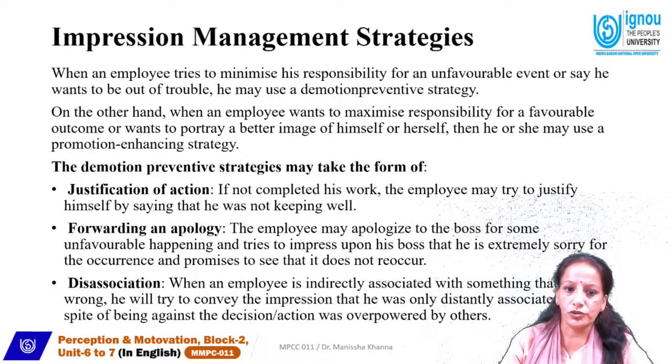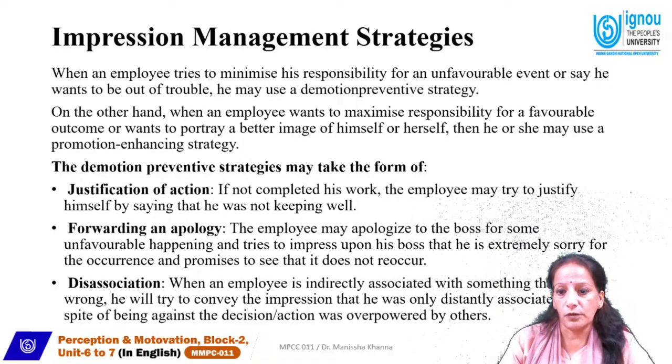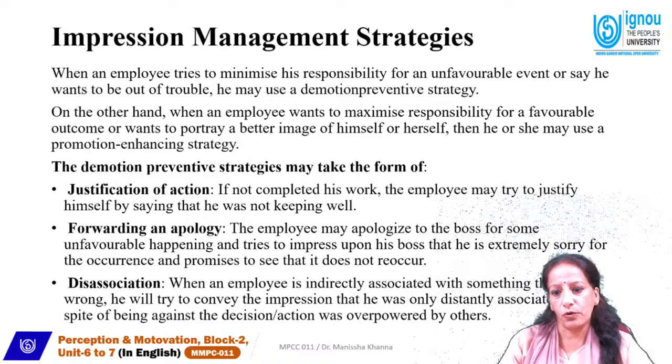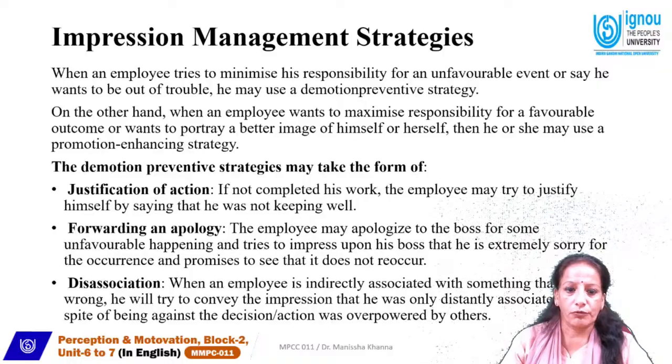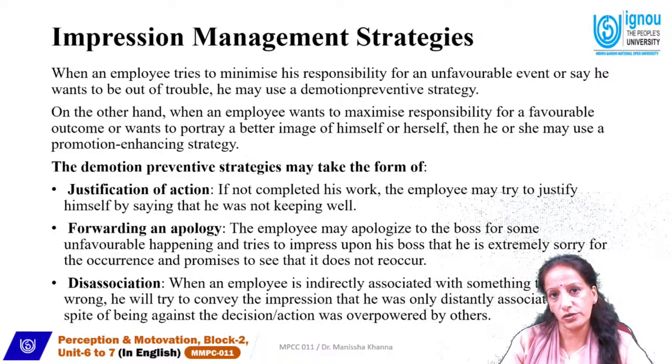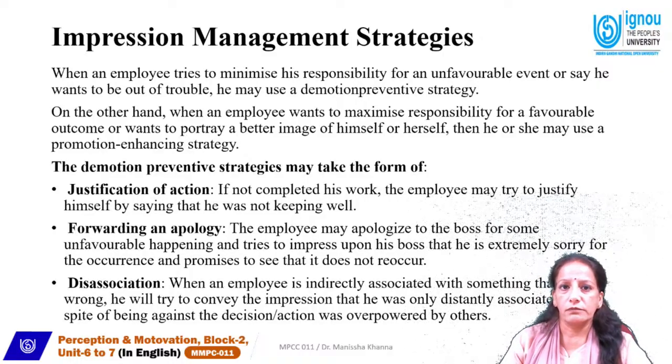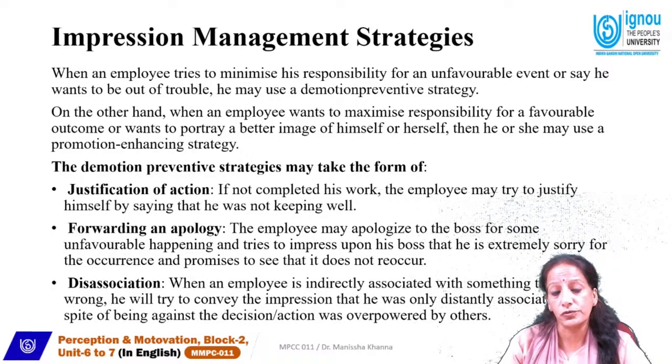Forwarding an apology is when an employee apologizes to the boss for some unfavorable happening and tries to impress upon his boss that he is extremely sorry for that, and promises to see that it does not occur again.